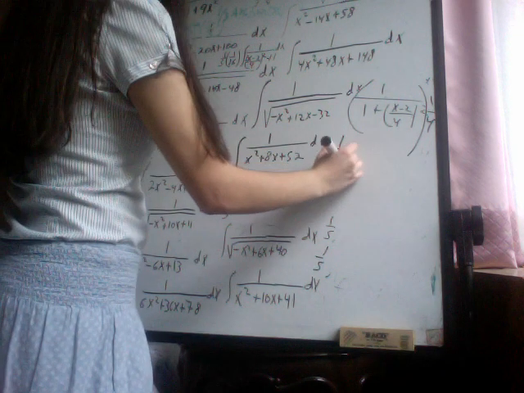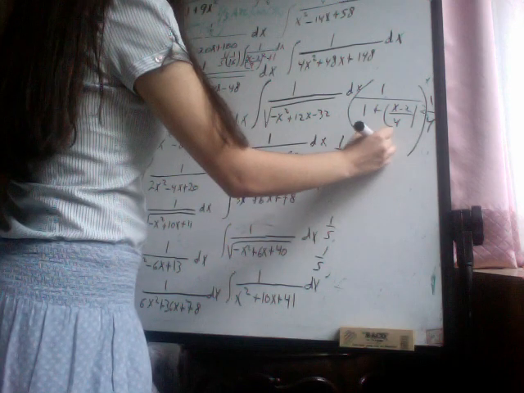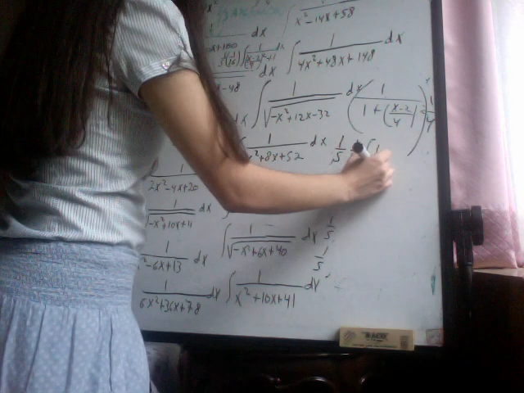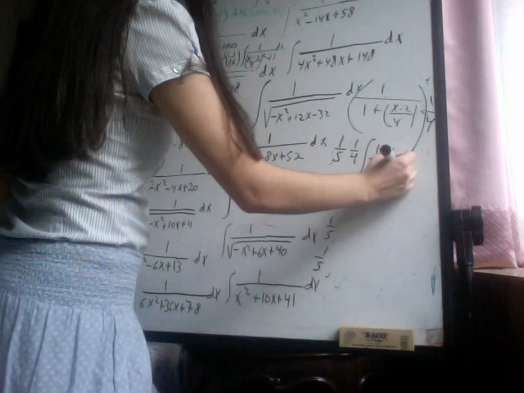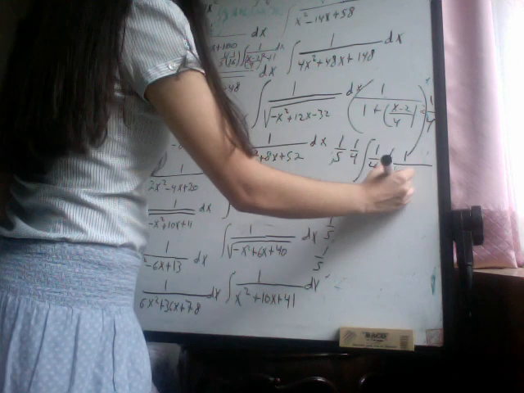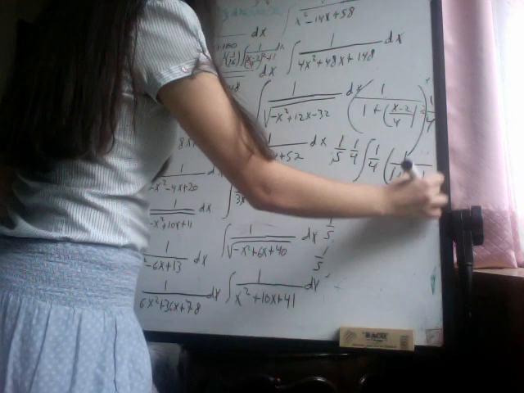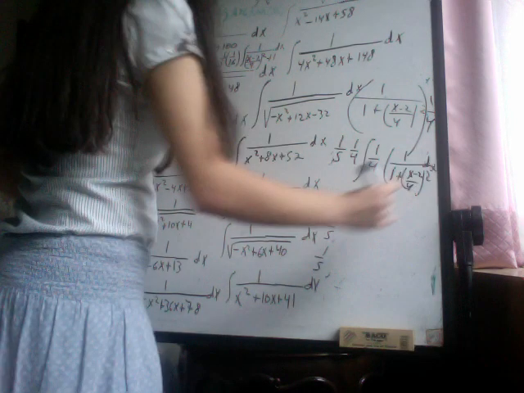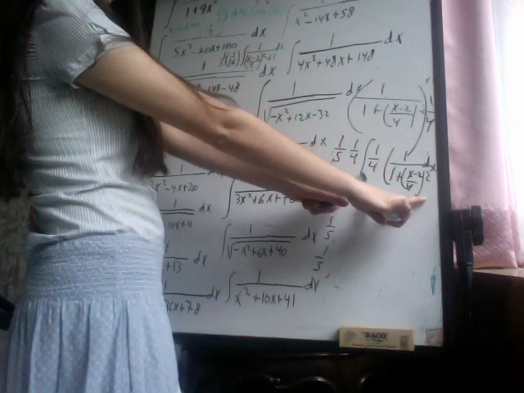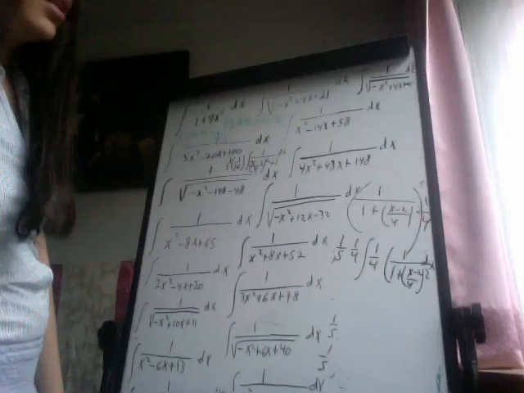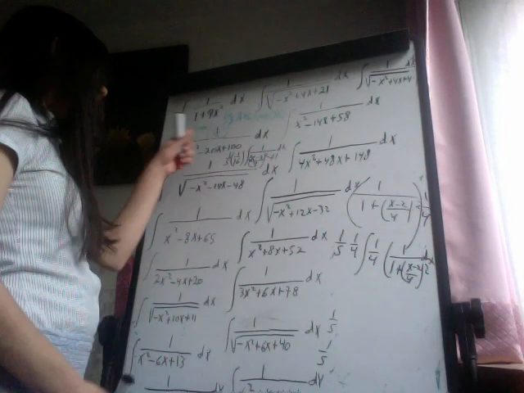We put 1 over 5 times 1 over 4 times the integral of 1 over 4 times 1 divided by 1 plus x minus 2 over 4 all squared, dx. Now all this, what is inside the integral, is the derivative of arctangent of x minus 2 over 4.